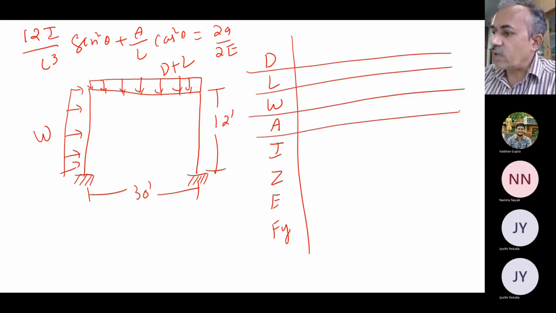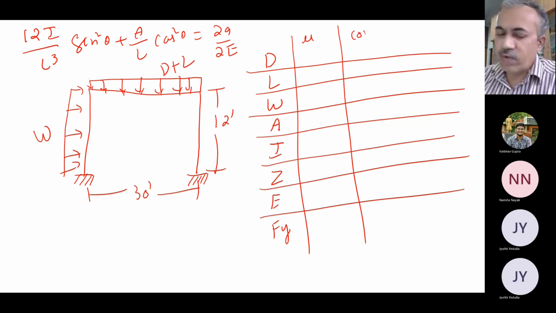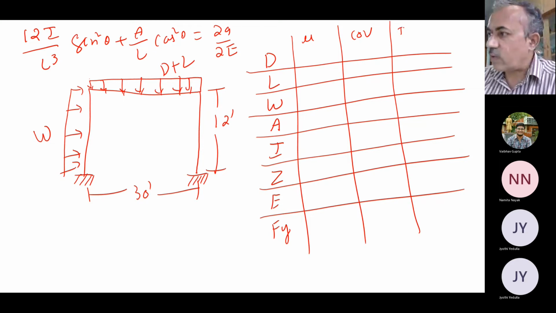So in the textbook, this problem has been nicely given here, and he has given the mean value, the coefficient of variation, and what type of random variable it actually is. So the mean value, he says, some 0.44 units also he has given in the textbook.